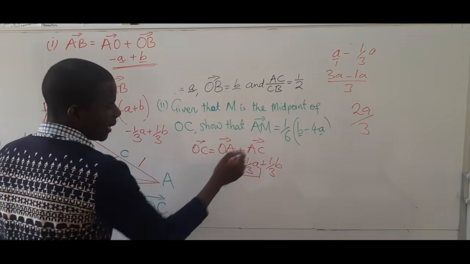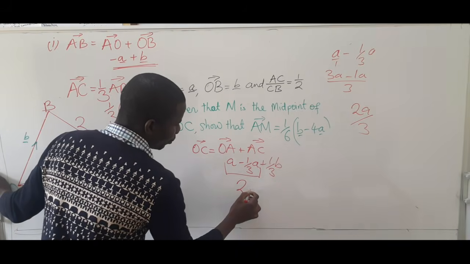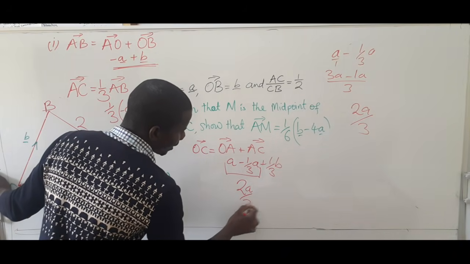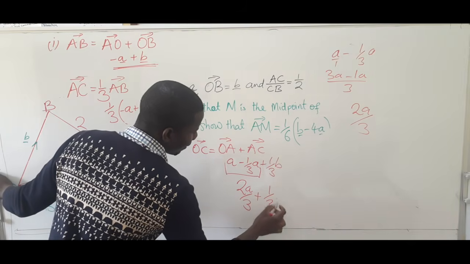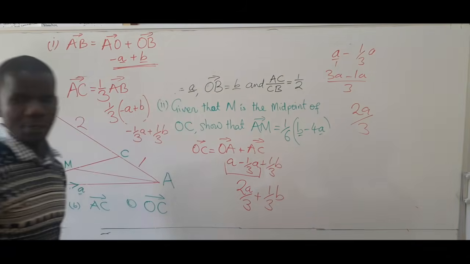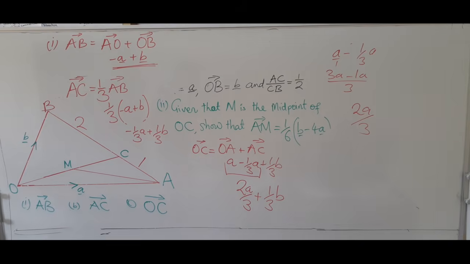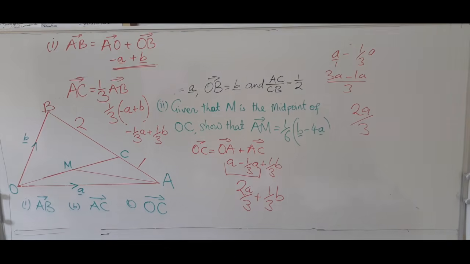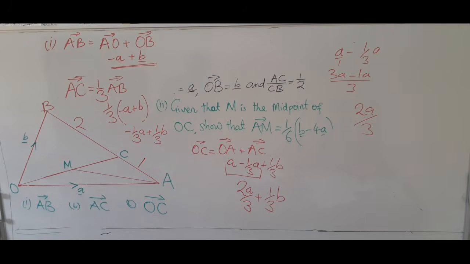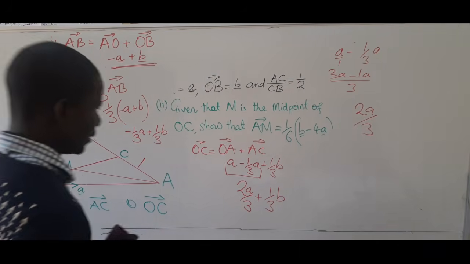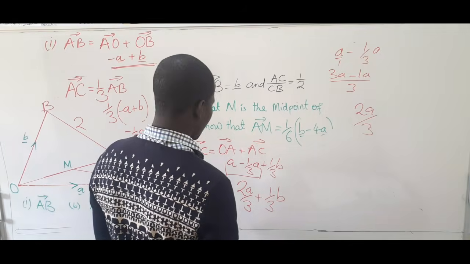So here we are going to get 2A over 3 plus 1 over 3B. Are we together? That's what we are supposed to get there.